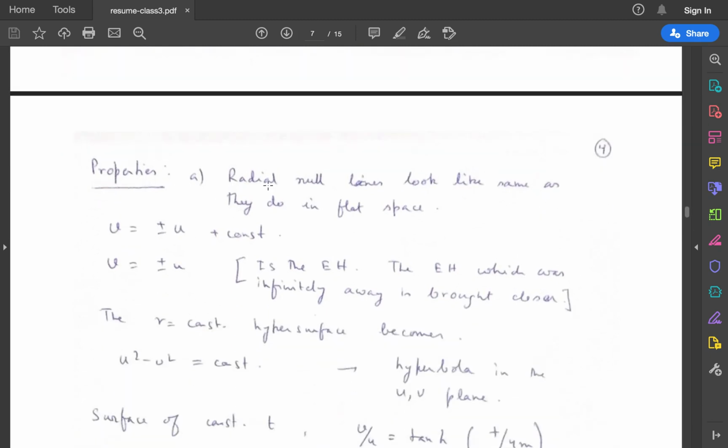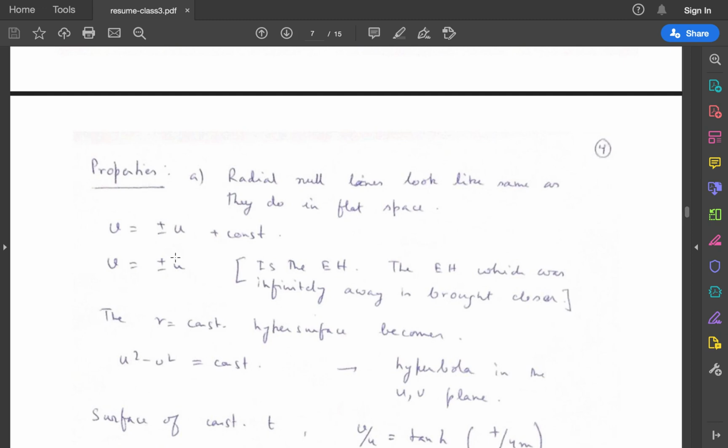Radial null lines look the same as they do in the first place. That means they have v equal to plus minus u plus constant, with a slope of plus minus 1 in this coordinate system.